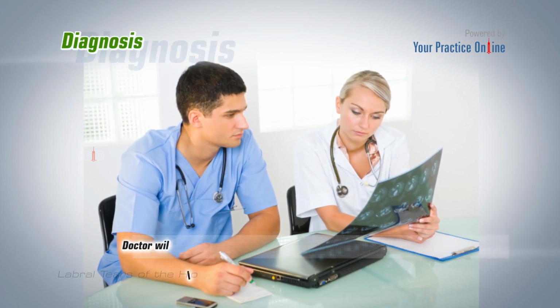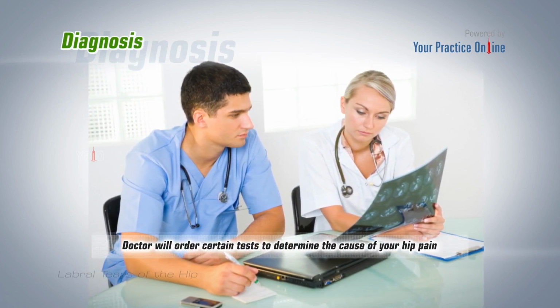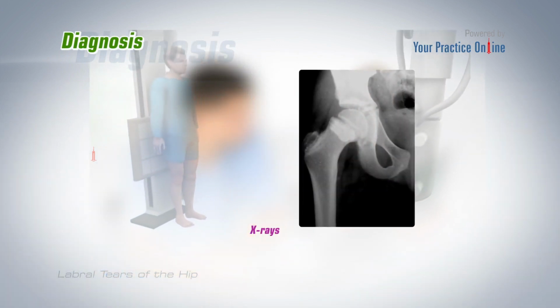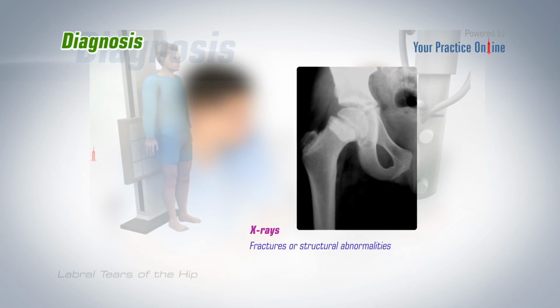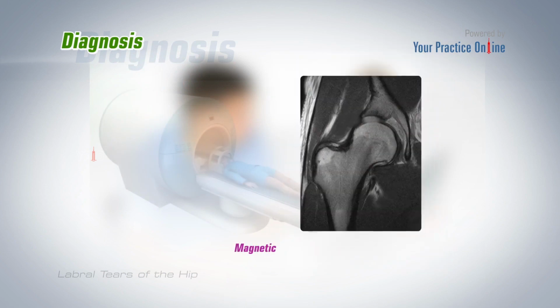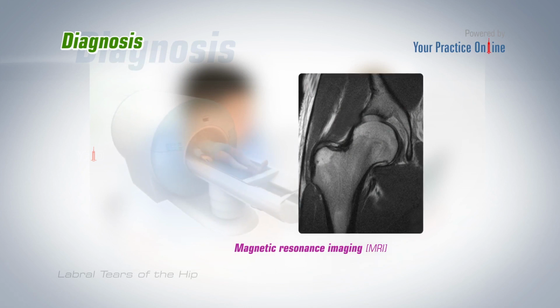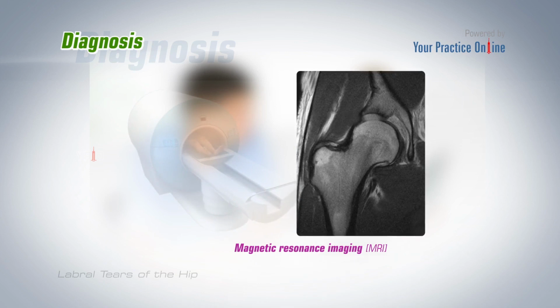Diagnosis: Your doctor will order certain tests to determine the cause of your hip pain. X-rays of the hip allow your physician to rule out other possible conditions such as fractures or structural abnormalities. Magnetic resonance imaging, MRI, may also be used to evaluate the labrum. An injection of contrast material into the hip joint space at the time of the MRI can help show the labral tears much clearer.